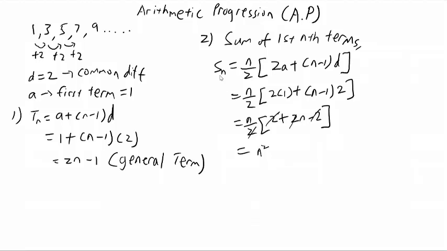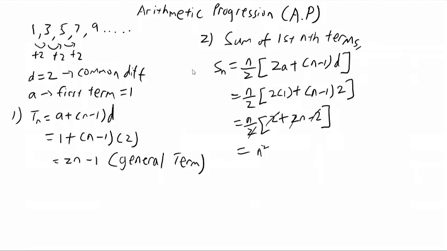When n is 3, you're finding the sum of the first 3 terms: 1 plus 3 is 4, 4 plus 5 is 9. Similarly, 3 squared also gives you 9. So this is the formula for the sum of the first n terms.